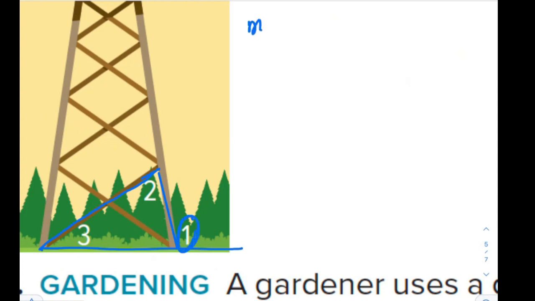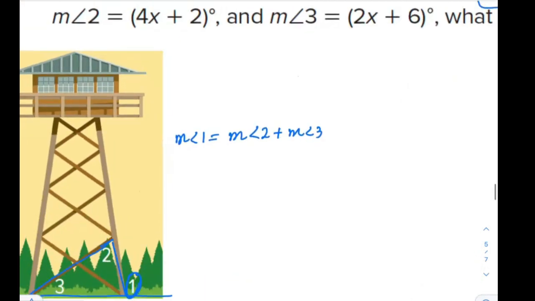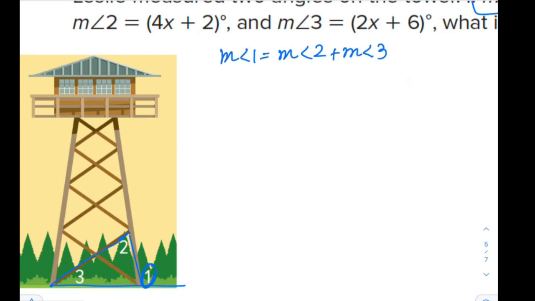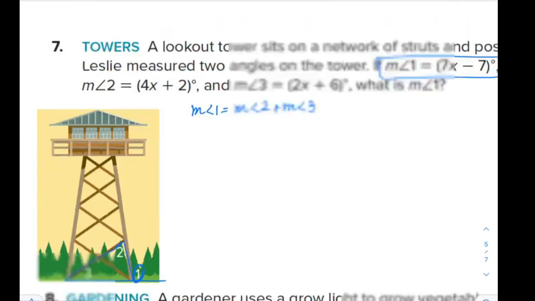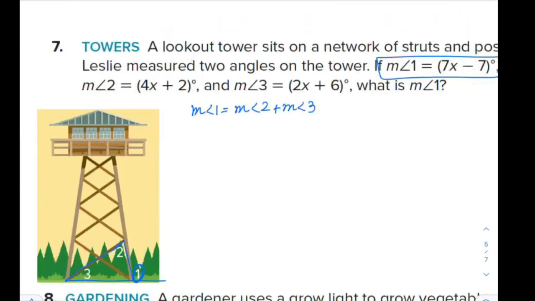So before I continue, measure of angle 1 is equal to measure of angle 2 plus measure of angle 3, the sum of the two remote angles. I'll write it here so that I can replace easily. So even if I don't understand the text, it's very clear from this sketch that angle 1 looks exterior. And then I will replace.